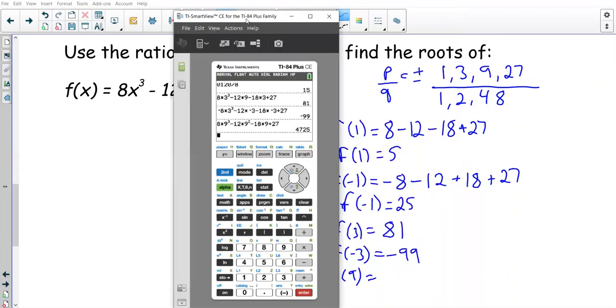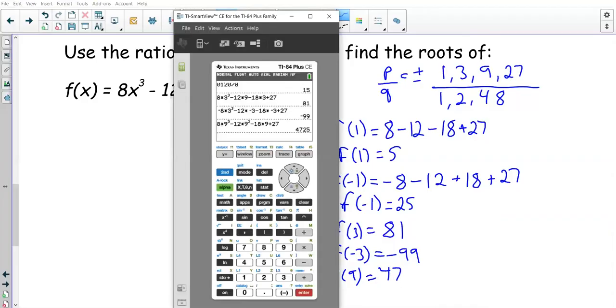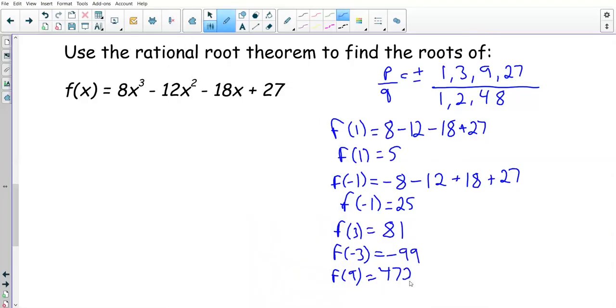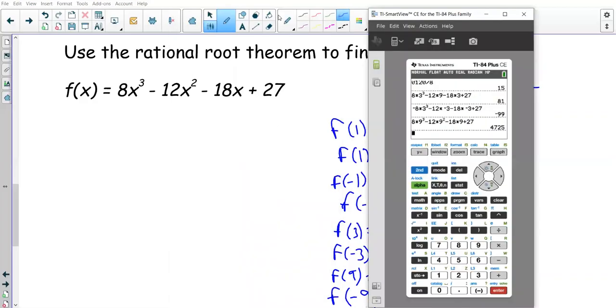So then, what do I got? 4,000. I think it was 725. Okay, so now I'm going to try f of -9.